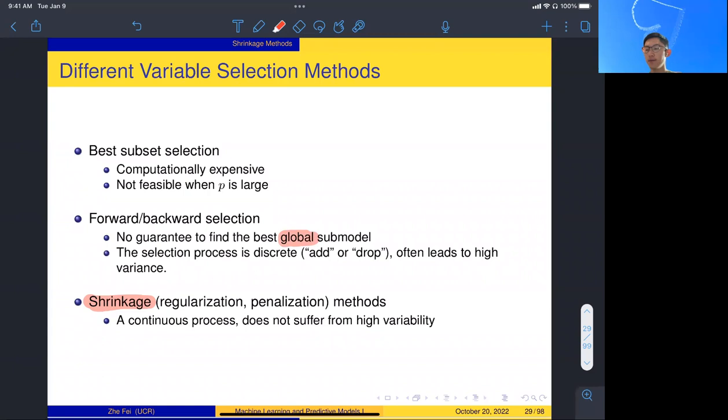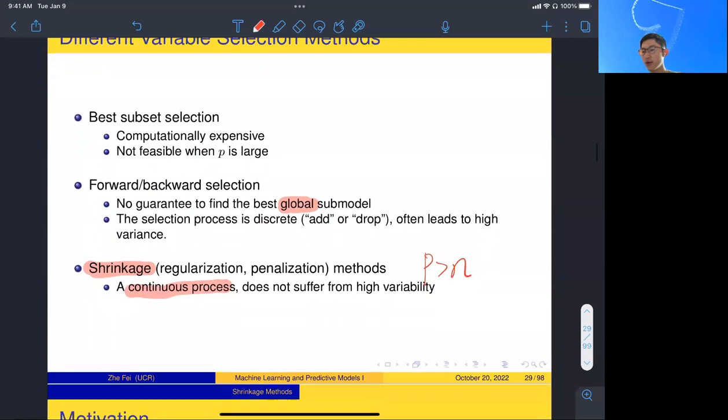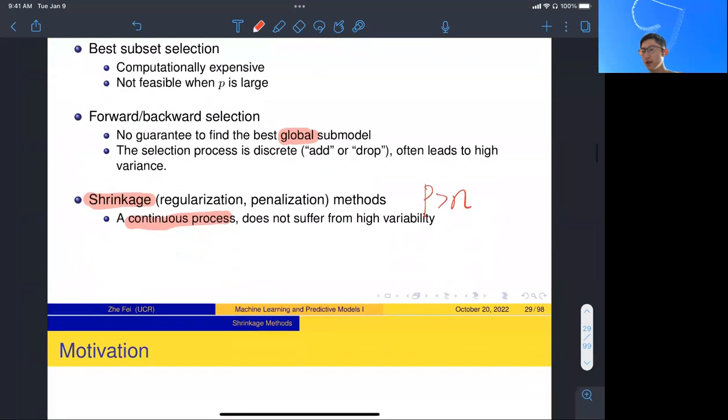So we want to find a continuous process that does not suffer from the high variability, and more importantly, we want the methods to be applicable to the P greater than N cases. So that's when we consider the shrinkage methods.